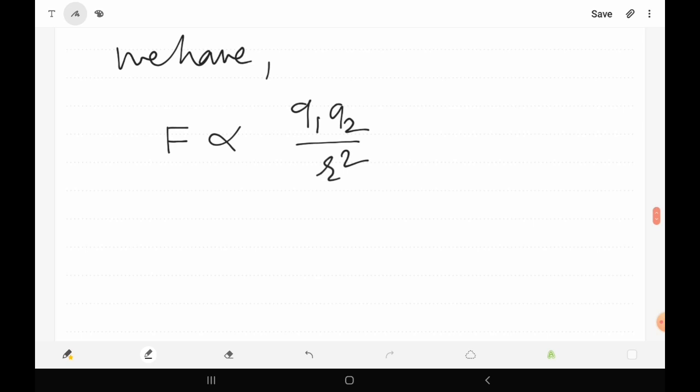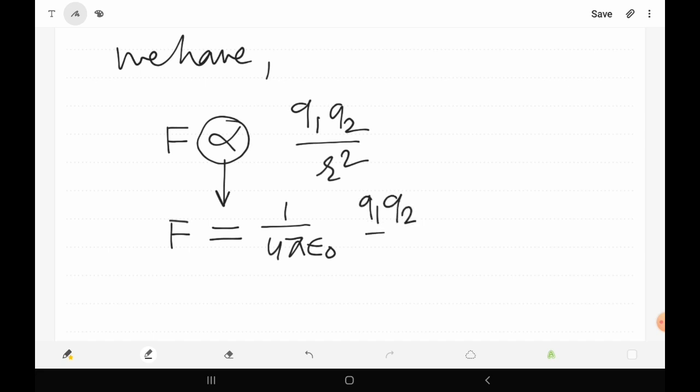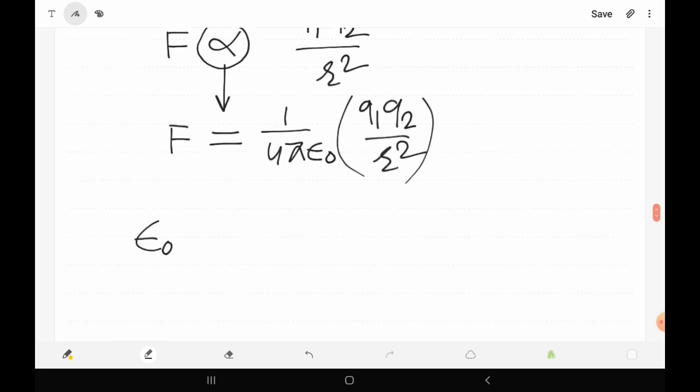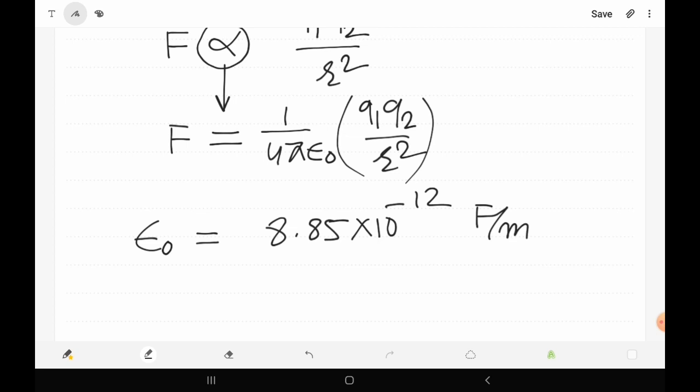On replacing this proportionality sign with equality, we have a proportionality constant that is taken as 1 upon 4 pi epsilon naught, so F equals 1 upon 4 pi epsilon naught q1 q2 upon r square, where epsilon naught is electric permittivity and its value is 8.85 into 10 raised to power minus 12 farad per meter.